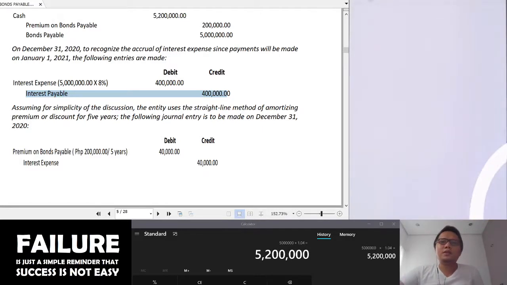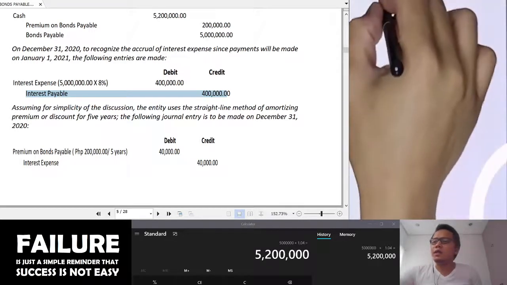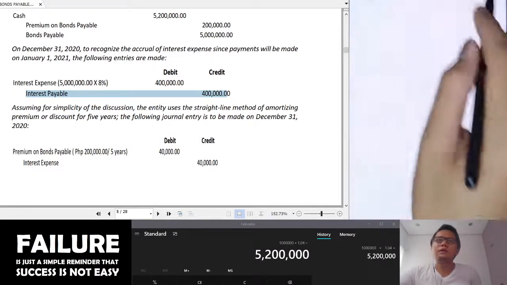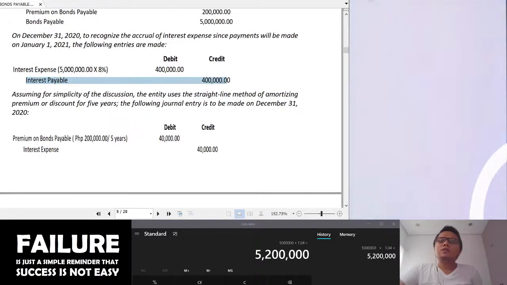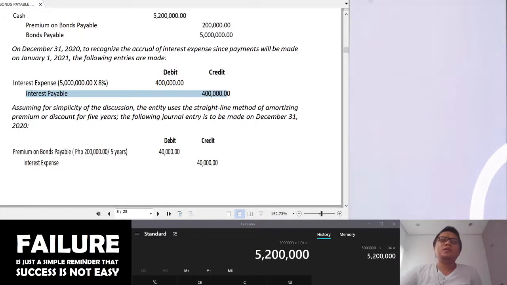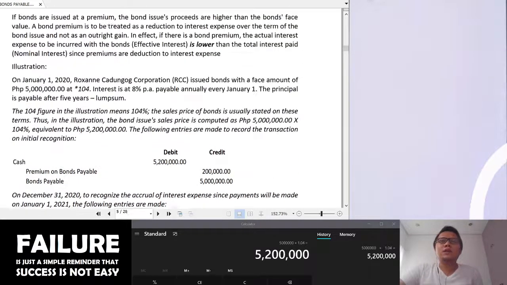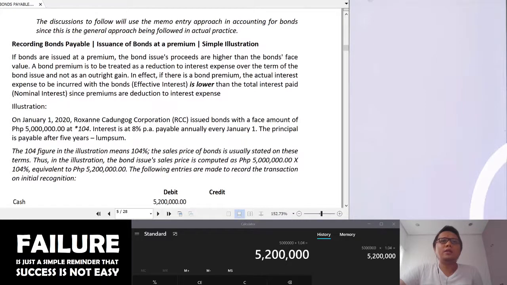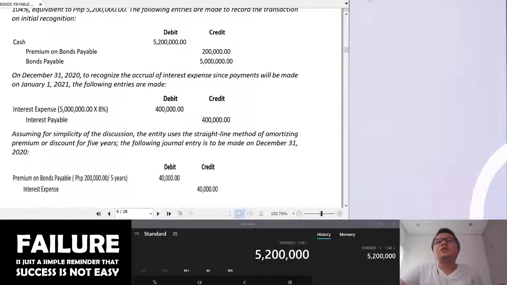So that means, kung straight line method siya, the total amount of premium basically is just to be divided sa term na loan, which in this case is for 5 years. Diba? 5 years.